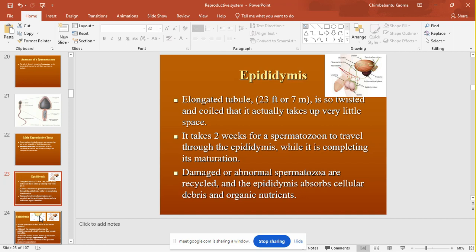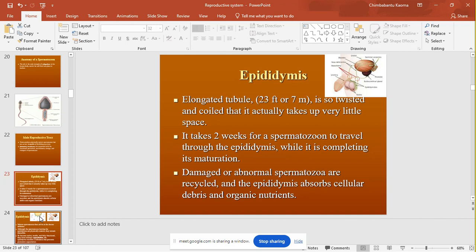The epididymis is basically made up of elongated tubules, roughly about 7 meters. It is tightly packed, as you can see from the drawings. You can imagine 7 meters fitting in that small space. So, it's really, really tightly packed. It takes about 2 weeks for the immature spermatozoa to travel through the epididymis.